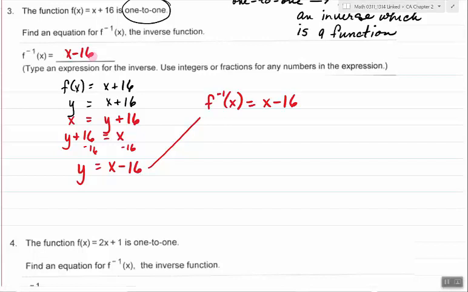If I pick x is 2, 2 plus 16 is 18. So 2 goes with 18. With the inverse, if I pick 18 for x, 18 minus 16 is 2. Now 18 goes with 2. So it does undo. The inverse undoes what the function does.